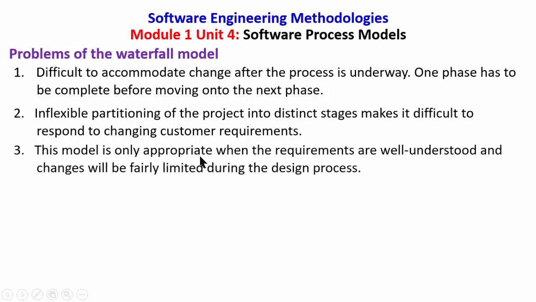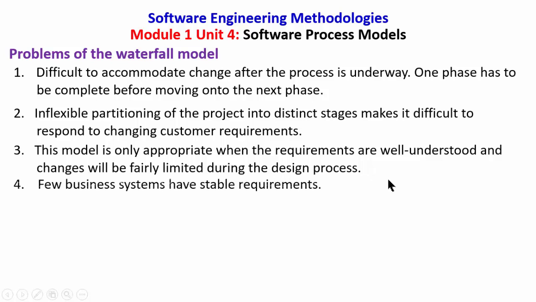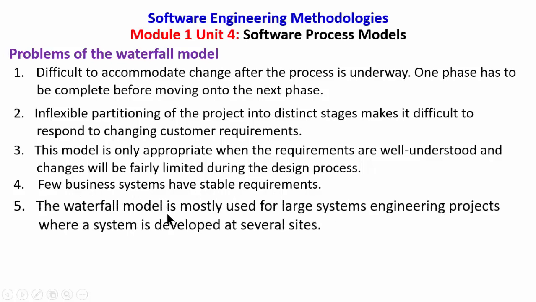This model is only appropriate when the requirements are well understood and changes will be fairly limited during the design process. 4. Few business systems have stable requirements. 5. The waterfall model is mostly used for large systems engineering projects where a system is developed at several sites.